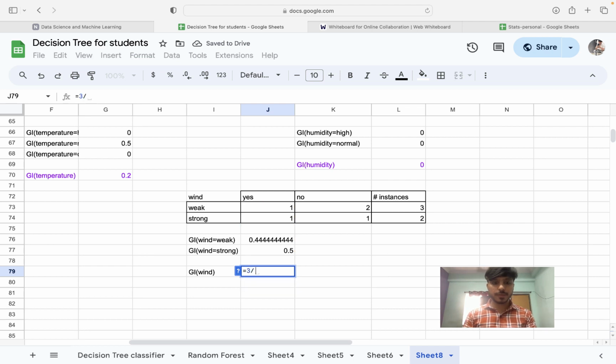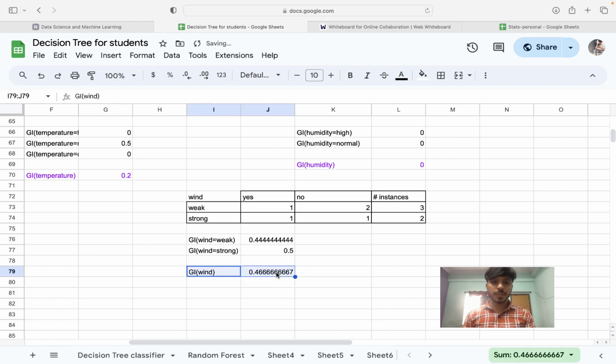So 3/5 times this value, plus 2/5 (5 is coming from this total) times 0.5. So that's my Gini impurity for wind.